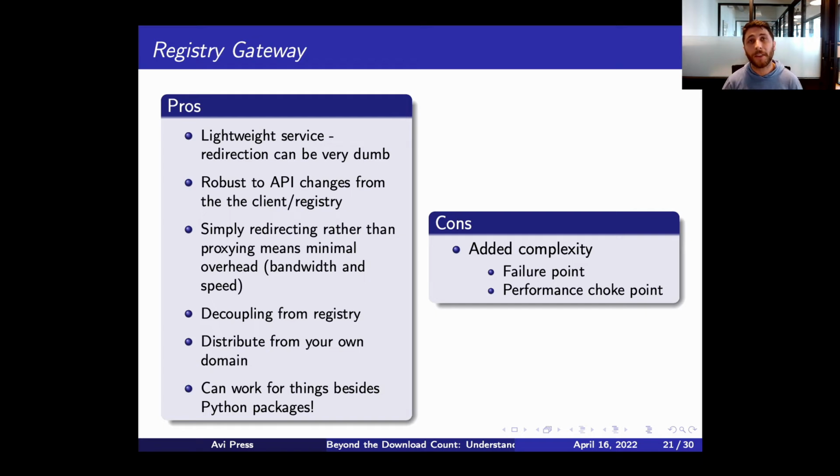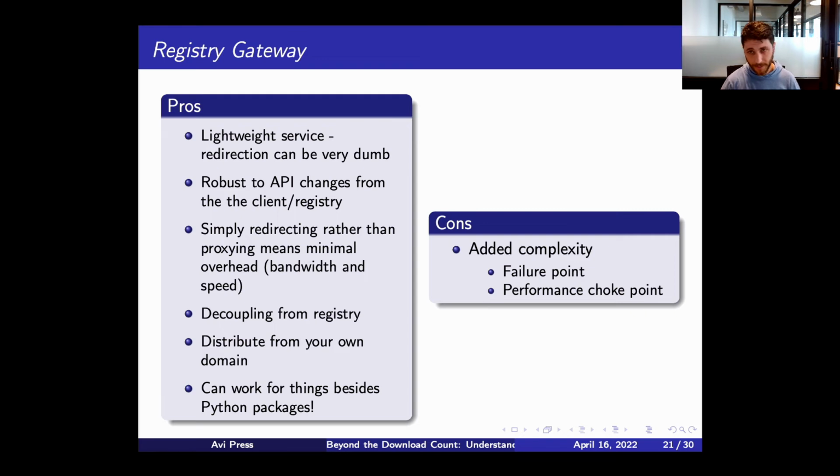The fact that you can redirect rather than proxy means there's very minimal bandwidth overhead, and it can even decouple you from the registry behind. You can start to move where the registry actually sits, but the gateway itself acts as a static endpoint. It can even work for things besides Python packages, which is very cool.